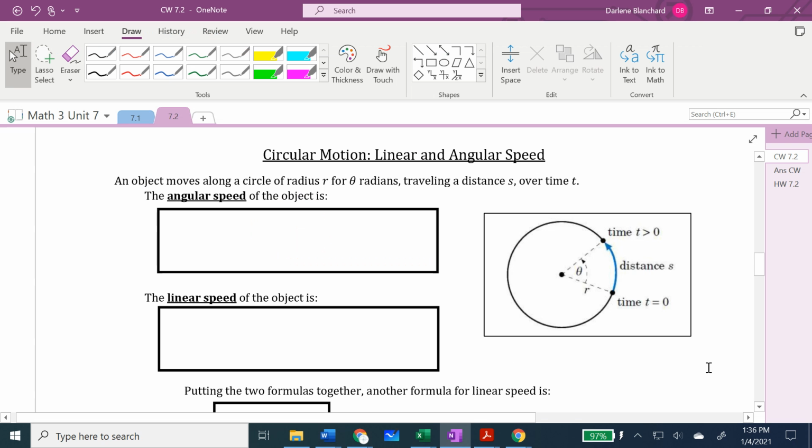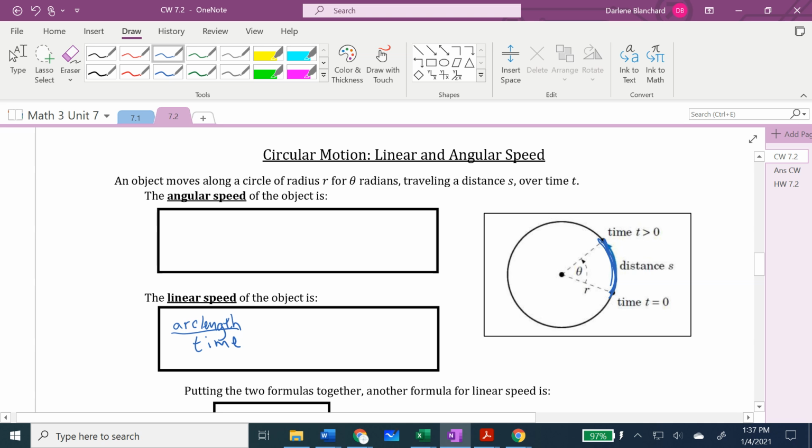And that's where you're actually looking at the arc length divided by the time. So linear speed is your arc length divided by time. Because what is speed? Speed is distance divided by time. So if you want to know the speed you are traveling horizontally, you need to know the arc length and divide that by time.